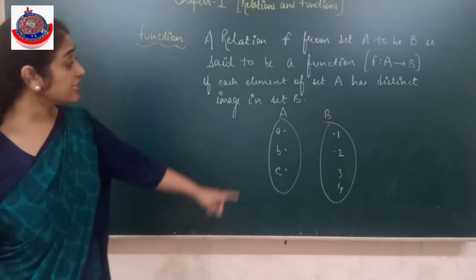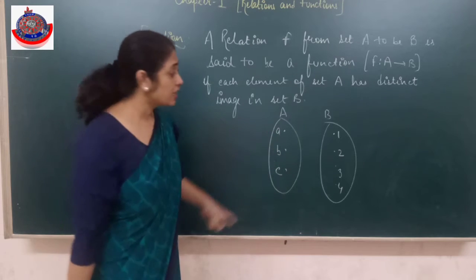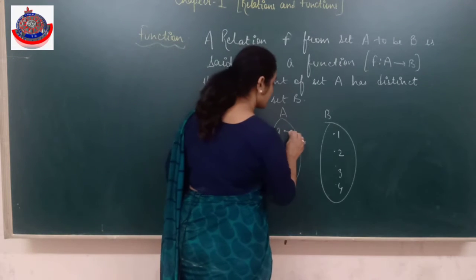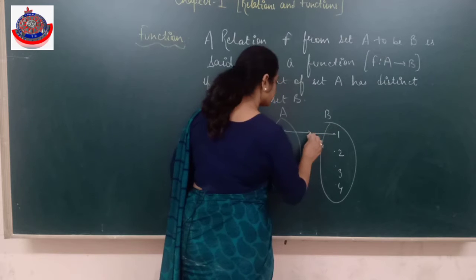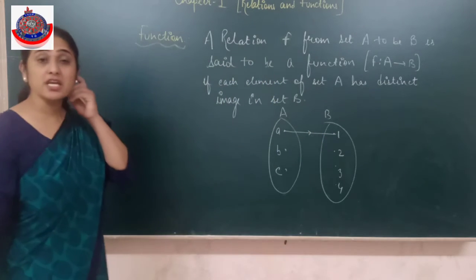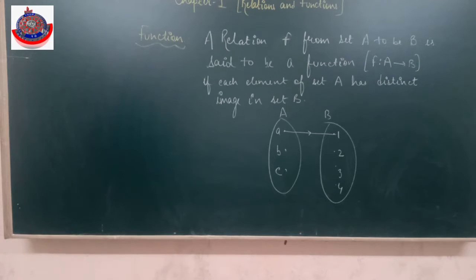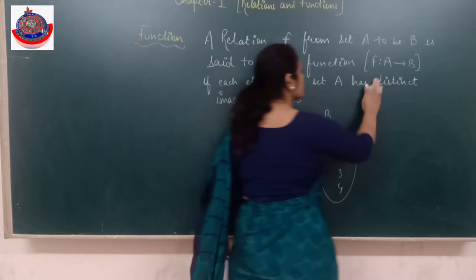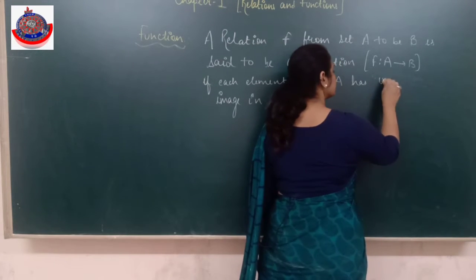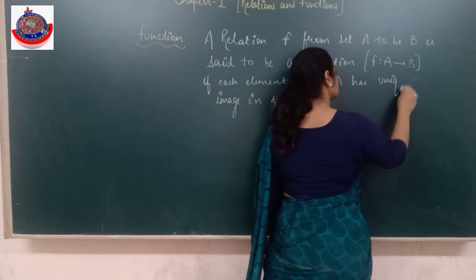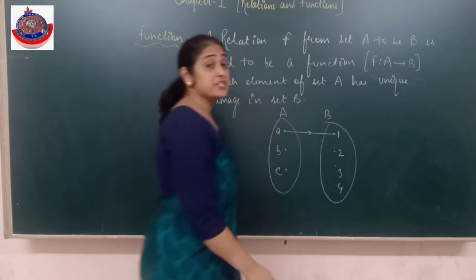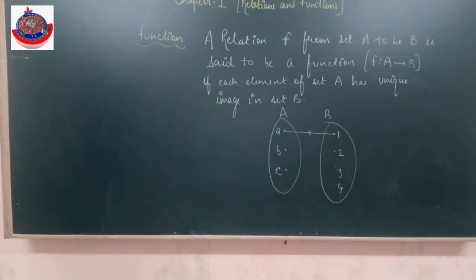So it says each element of set A should have a distinct image, have a unique image in set B. हर एक element of set A should be associated with a unique element, or you can say distinct, you can say unique image in set B.